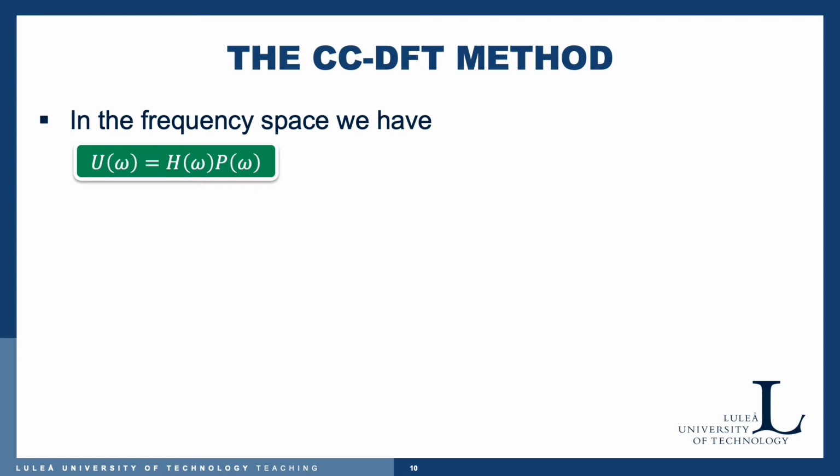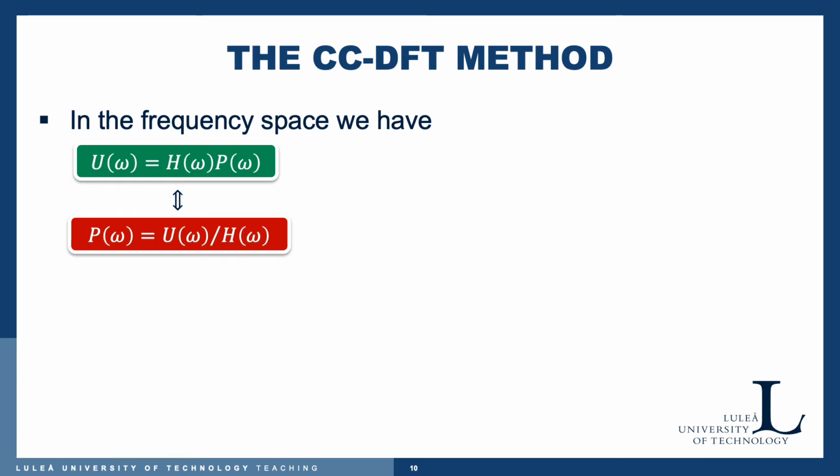Okay, putting things together means that we, in the frequency space, have the deformation u, or the auxiliary representation of it at least, equal to the transfer function H, which we exactly know what it is, and p, the Fourier transforms of those. And that means that we can obtain p by just dividing u with the transfer function.